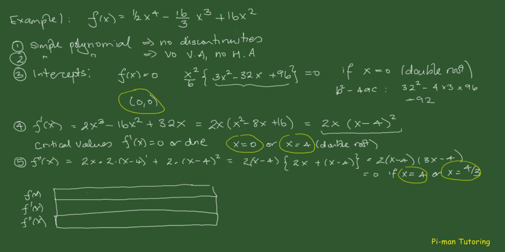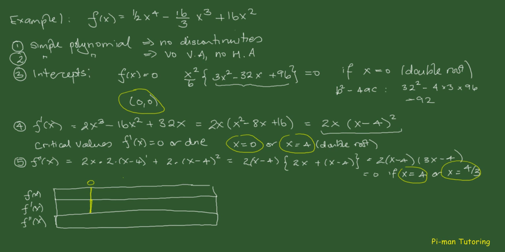So everything is positive. So let's start with 0 here. We have a 0 in the function at 0. We have a 0 in the derivative at 0. And that's it for 0.